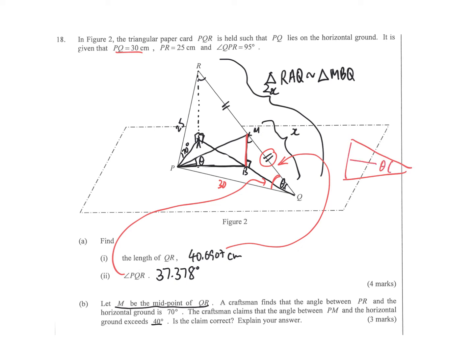So for finding the opposite side, all we need to use is the cosine formula, and the cosine formula will help us to find the length of PM. And this question is quite simple, because it's a right angle triangle here as well, onto the horizontal line. Because you are given two sides of a right angle triangle, we can just use basic SOHCAHTOA. In this case, you are given the opposite side and the hypotenuse, so that angle can be found using sine. And that's how we're going to finish this question off.